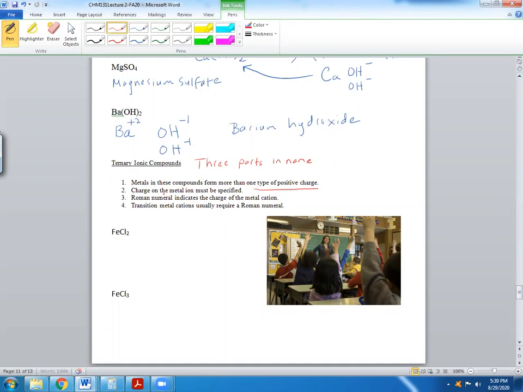And the charge on the metal ion must be specified using Roman numerals. Transition metal cations are usually the ones that require a Roman numeral.